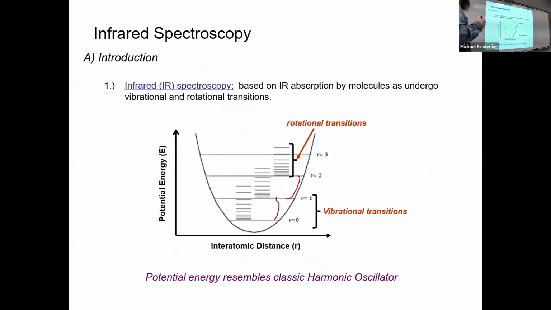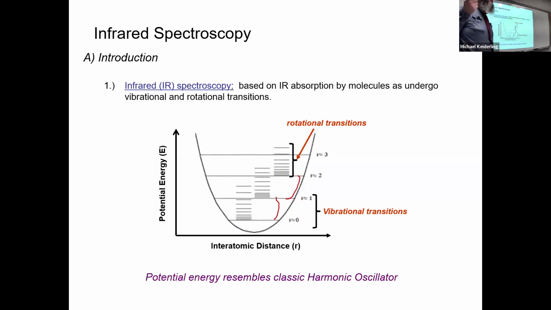So IR spectroscopy is based on IR absorption by molecules that undergo vibrational and rotational transitions. The vibrational transitions are more or less harmonic oscillators, so the transitions are basically evenly spaced. The potential energy resembles a classic harmonic oscillator. The fit is best at low energy levels, but generally you aren't dealing with high energy levels.